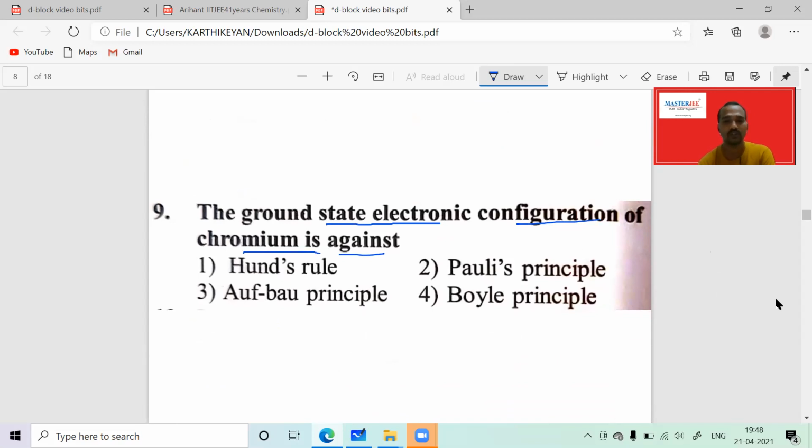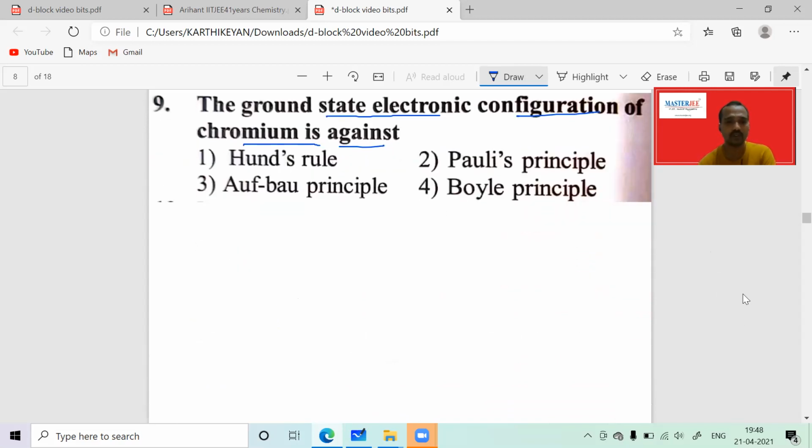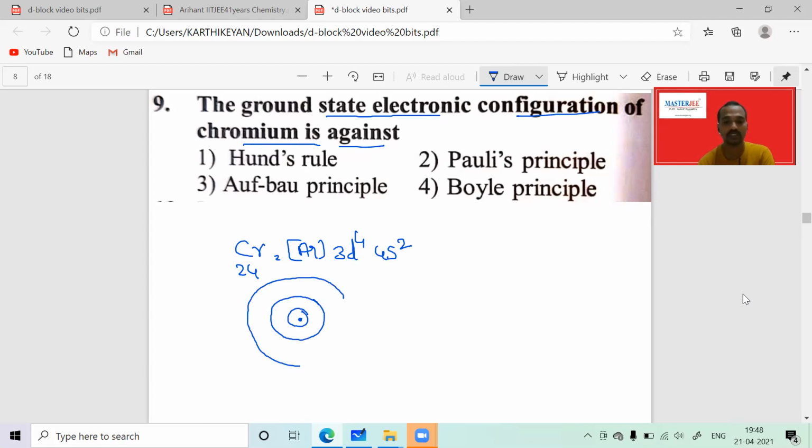Chromium's atomic number is 24 and its electronic configuration is argon 3d5 4s1. See: 1s2, 2s2 2p6, 3s2 3p6, up to 18 electrons completed.